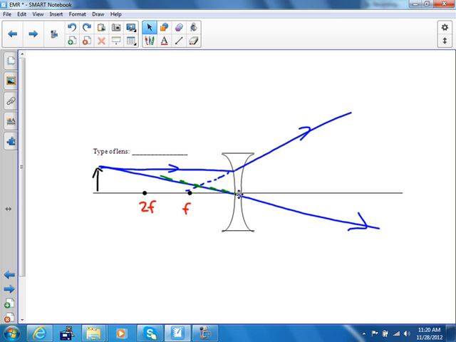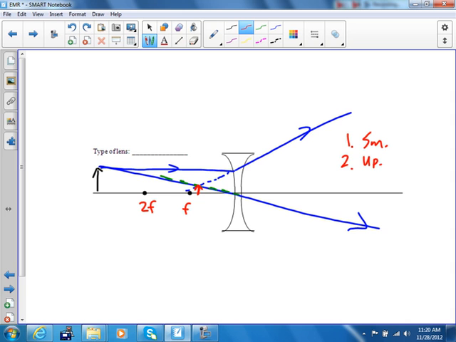So we've got an image formed right here. That image is going to be smaller. It's going to be upright. And it's going to be what? Real or virtual? Virtual. So if you want to see this, you've got to physically look into the lens in order to see it, as opposed to trying to project it onto a screen.